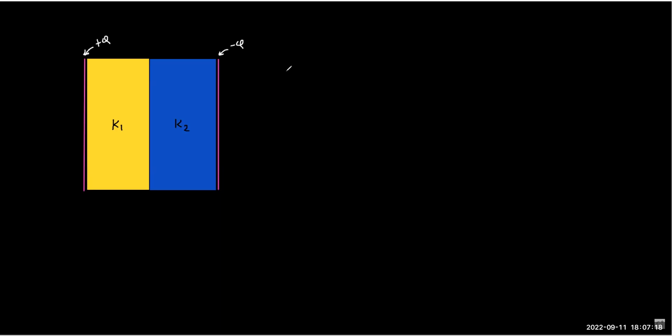what will be the electric field the plates will create? Assuming the area to be A, the electric field developed by the plate is how much? Anyone? A plate having charge Q will generate an electric field. I mean, this capacitor will generate the electric field of what value?